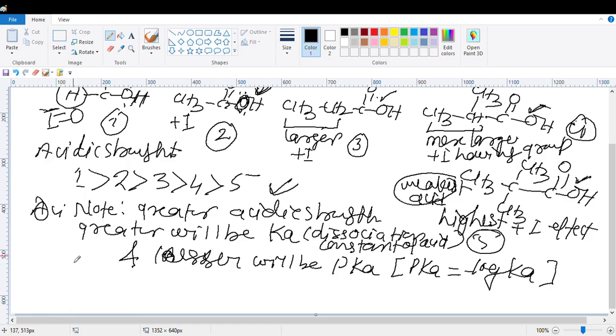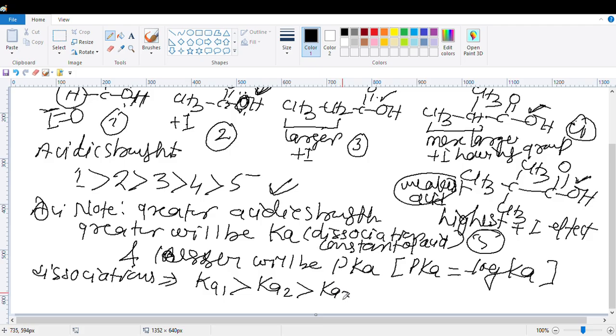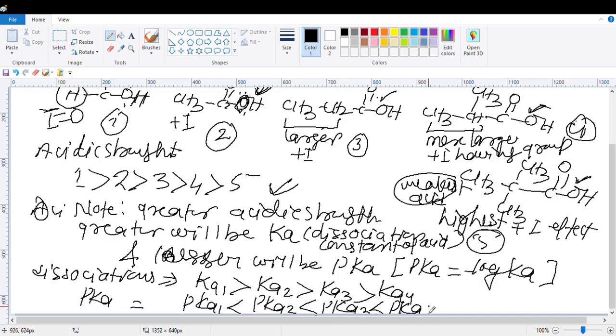So in this way, if we go for the dissociation constants of acids, the first one has Ka1 greater than Ka2, greater than Ka3, greater than Ka4, while pKa will be lowest in the strongest acid. The pKa1 is less than pKa2, less than pKa3, less than pKa4.